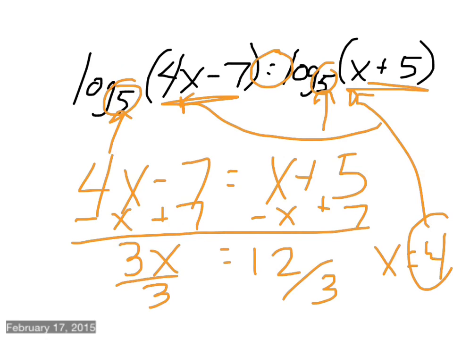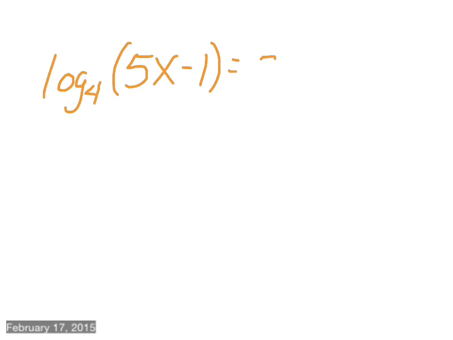Then another type that they're going to have for you is going to be something like this, where it has the log of base 4, parentheses 5x minus 1 equals 3. Notice how there's only one log on the one side?